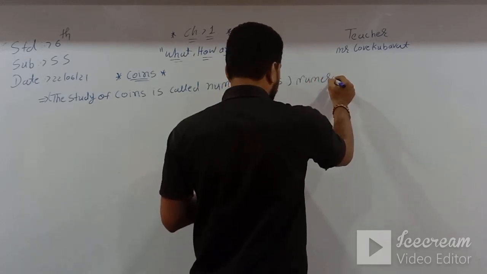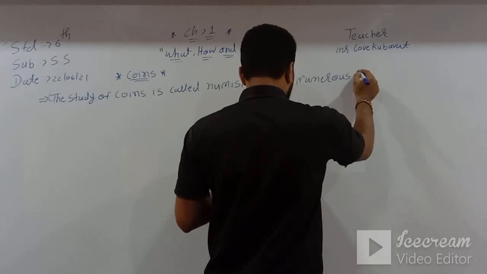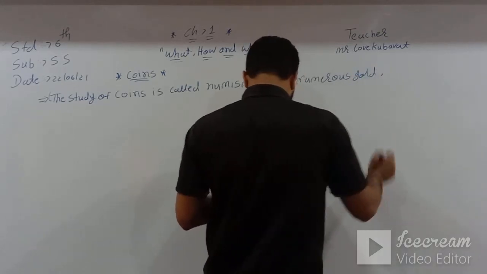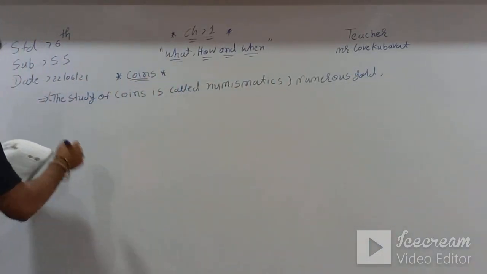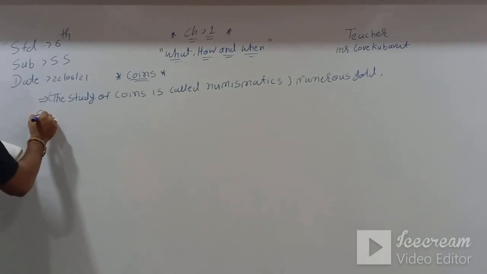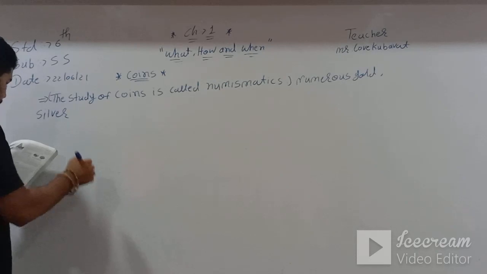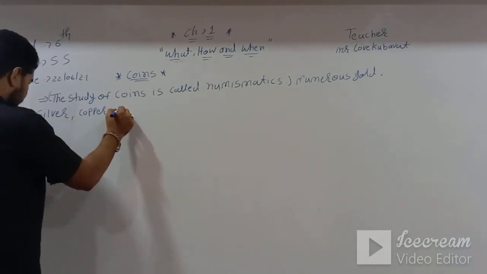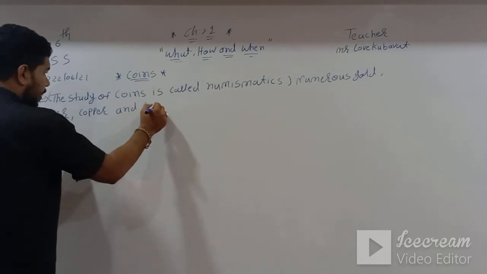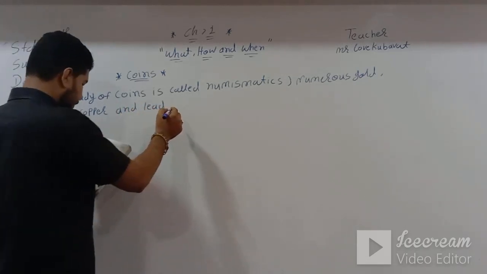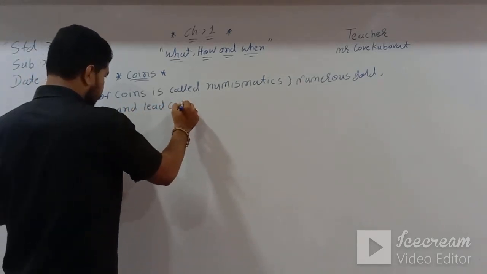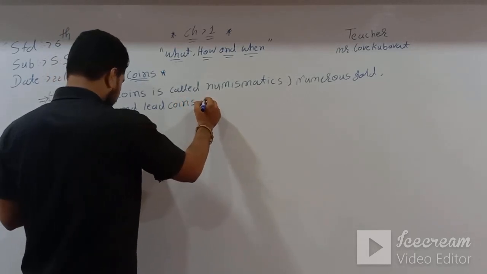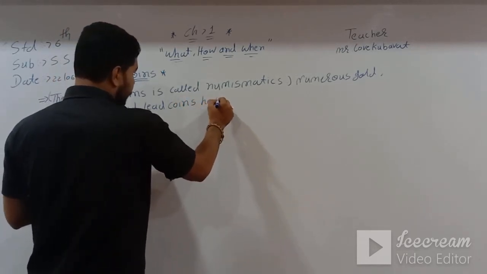Numerous gold, silver, copper, and lead coins have been found.